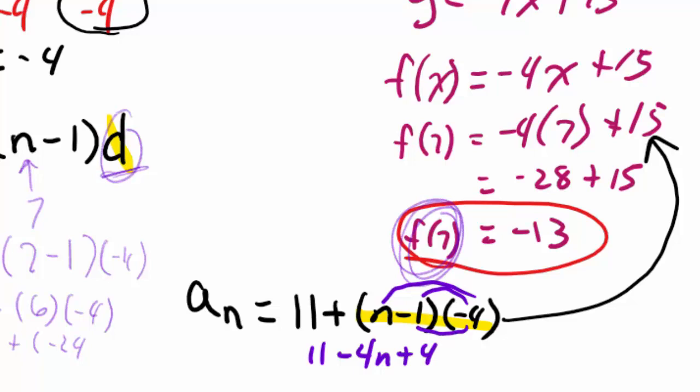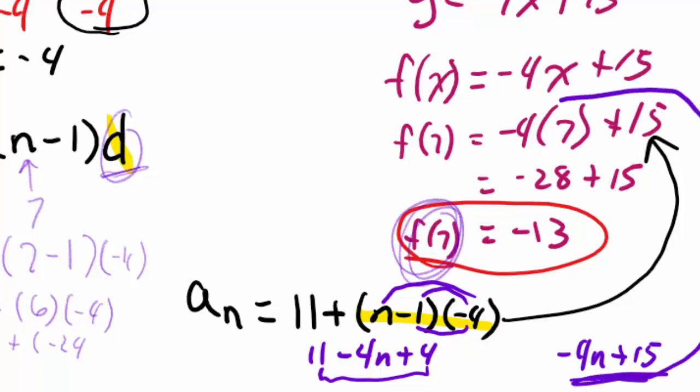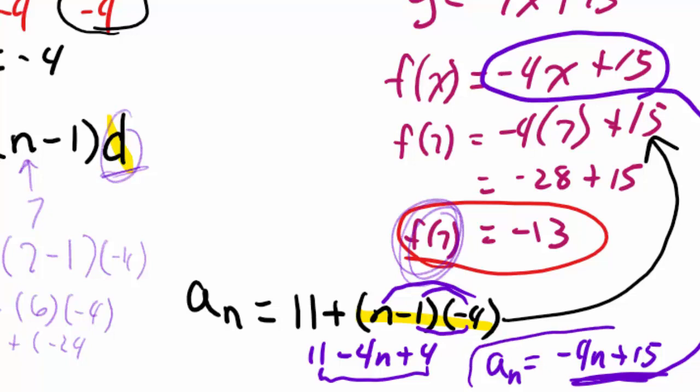Then when I combine my 11 and my 4, you'll see that I end up with negative 4n plus 15, which looks just like what we had up here. The only difference is I'm now going to put a sub n down here. So instead of putting it in mx plus b format, this is just your arithmetic sequence format, but you'll notice that it's still slope-intercept. I've got an m, an x, and a b value in the problem.